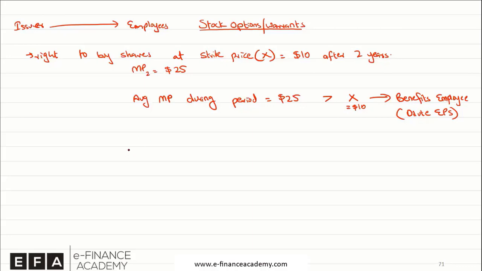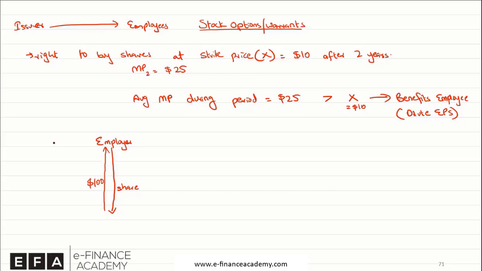Another way you can think of this: let's suppose here is the issuer or the employer. In a normal scenario, an employer issues a share, and let's suppose this share is worth $100. By issuing a share, the employer raises $100, and this $100 is invested.